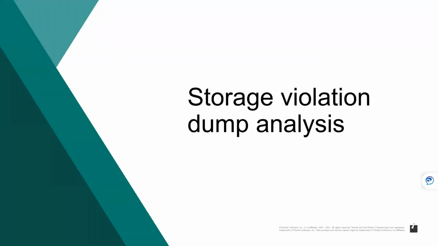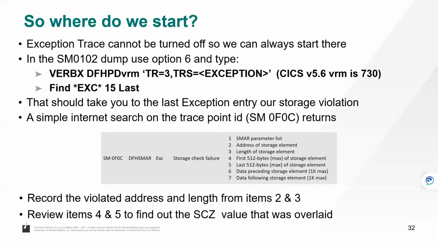Now, if you actually get a transaction abend, I usually start there to try and solve the storage violation. Why? Because a transaction dump is a lot smaller than a system dump, and it is a lot easier to go through. So if you find out that the task abended, your first step is to go through that and see if you can solve it from there.